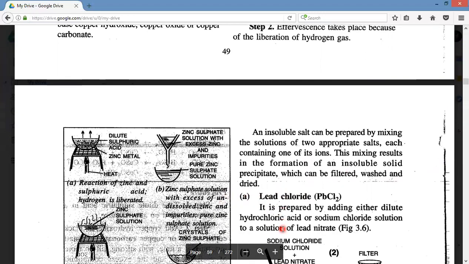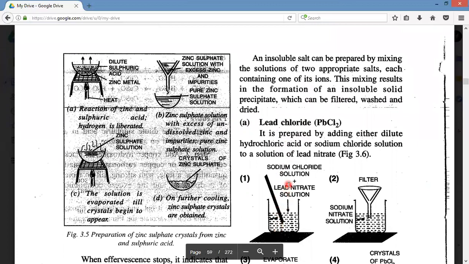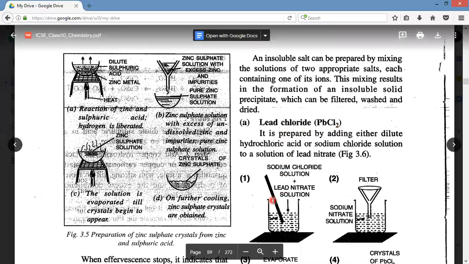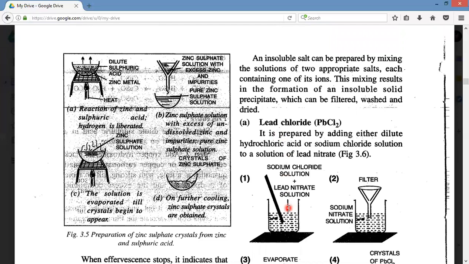Next example is that of lead chloride. For the preparation of lead chloride, the reactants we have to take at the start are lead nitrate and sodium chloride.